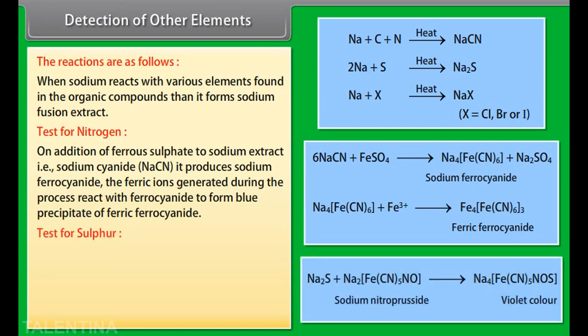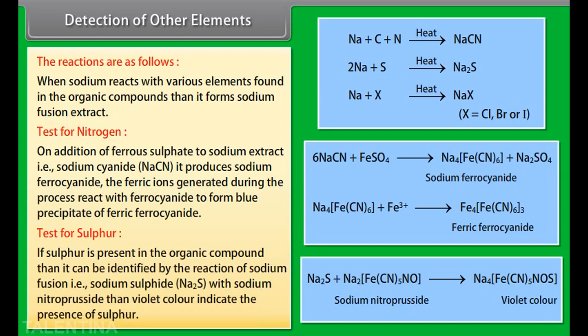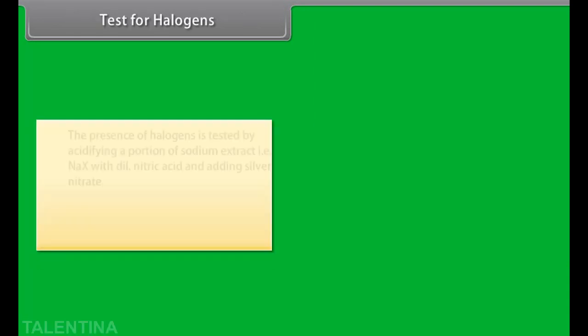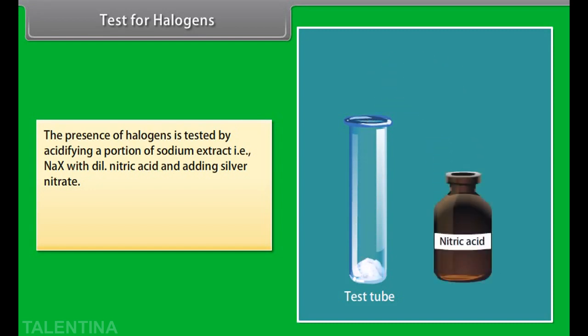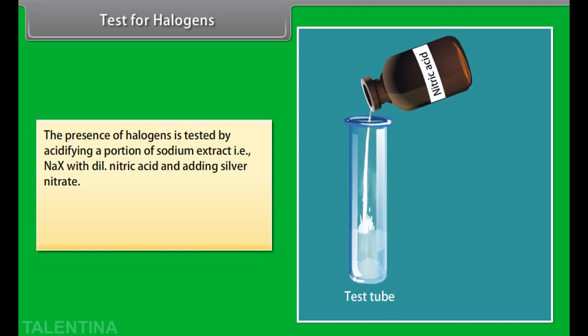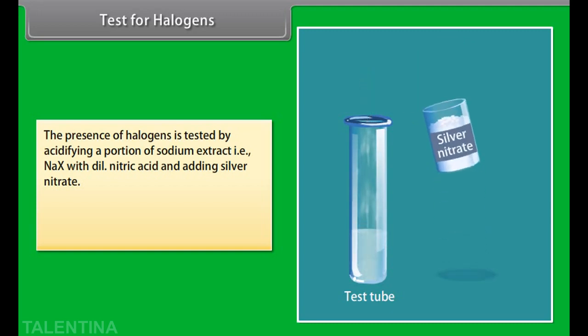Test for sulfur. If sulfur is present in the organic compound, then it can be identified by the reaction of the sodium fusion extract, that is sodium sulfide Na2S, with sodium nitroprusside. A violet color indicates the presence of sulfur. Test for halogens. The presence of halogens is tested by acidifying a portion of the sodium extract, that is NaX, with dilute nitric acid and adding silver nitrate.